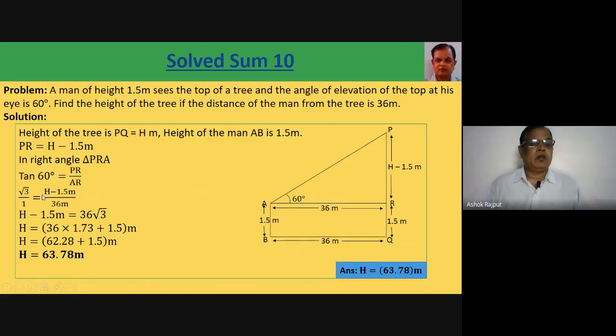BC is 1 by root 3 x meters and AB is x meters. x is cancelled, so tan theta equals 1 by root 3, which equals tan 30 degrees. By comparing, the angle of elevation is 30 degrees.